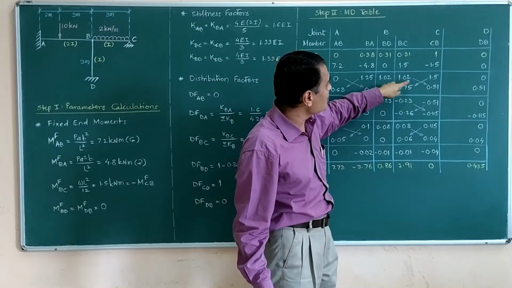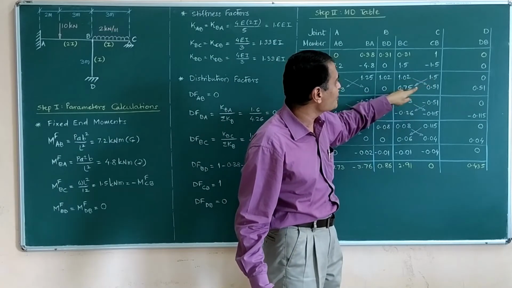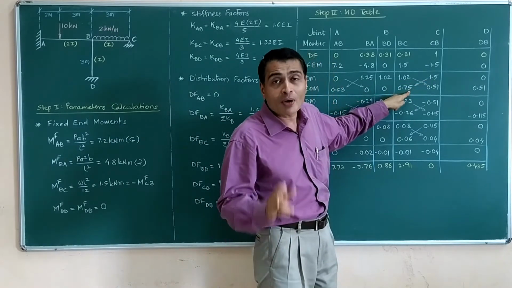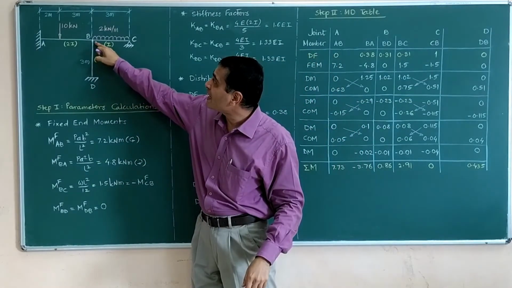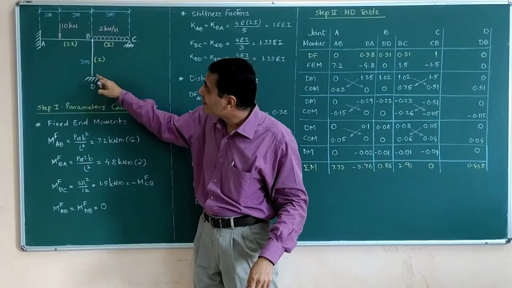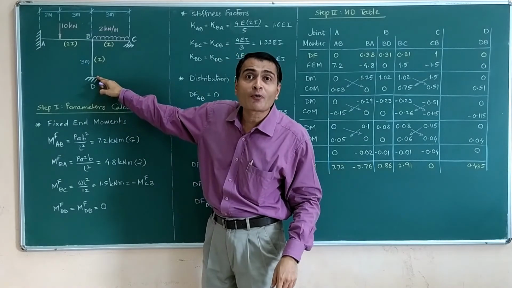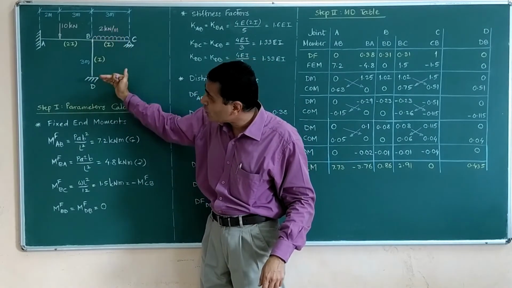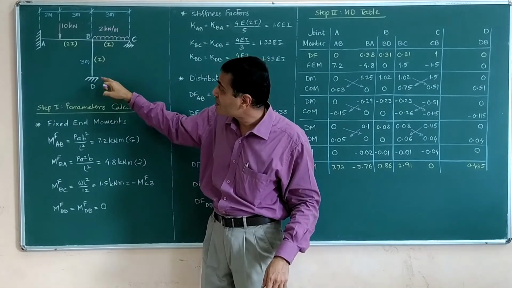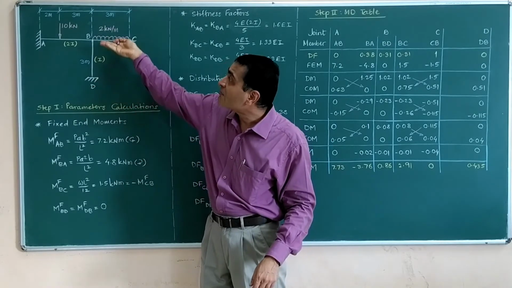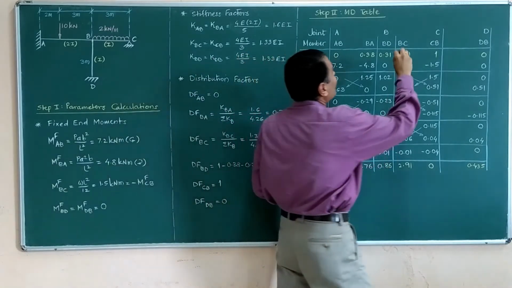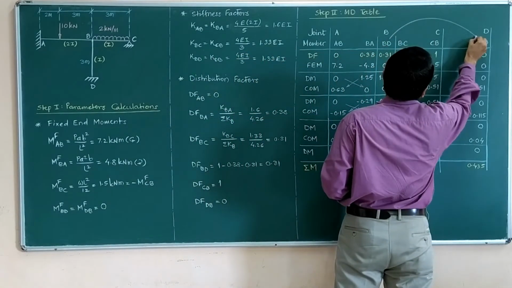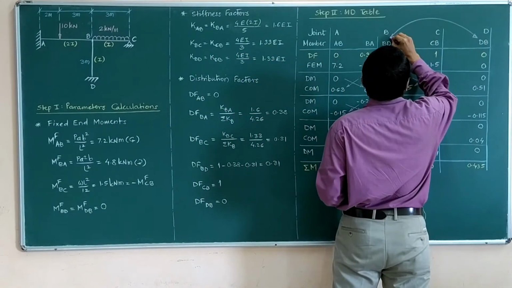Similarly, half of this will go here, half of this will go here. And now I should not forget that whatever is absorbed by BD, half of that goes to D. And whatever is absorbed by DB, half of that comes to B. So there is a connection here, BD and DB.